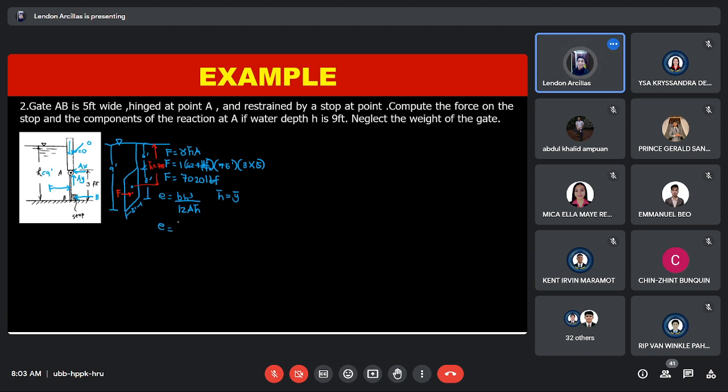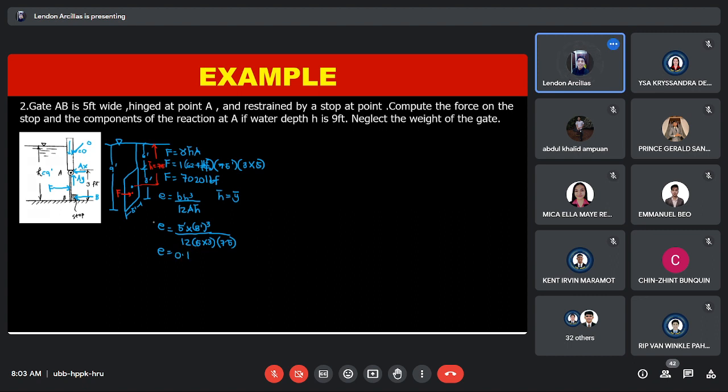E is equal to the base of the gate, that is 5 feet, times the height of the gate, 3 feet cubed, over 12, times area of the gate, 5 times 3 times H bar, which is 7.5. So E is equal to 0.1.